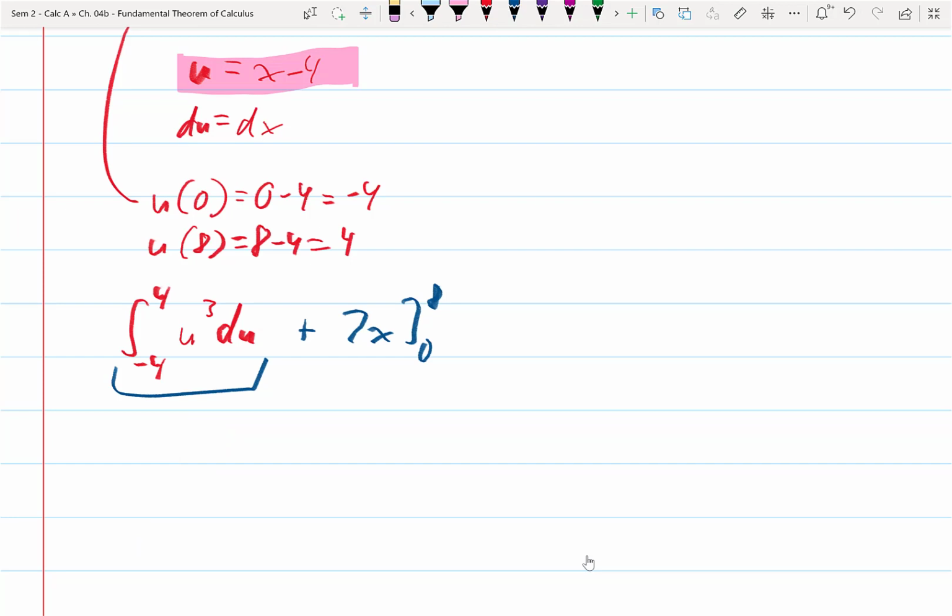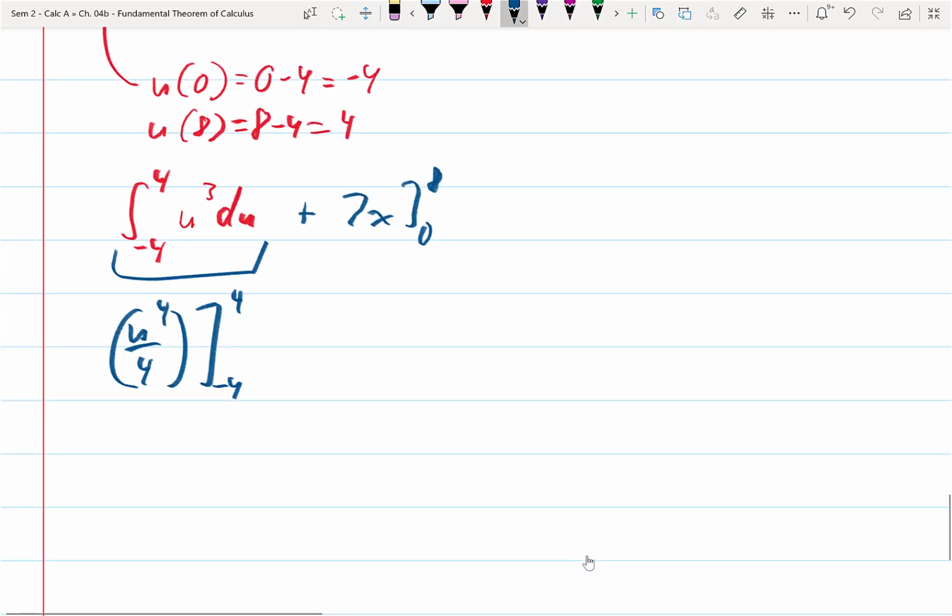Let's prove it. U to the 4th over 4 evaluated from -4 to 4. 4 to the 4th is the same as 2 squared to the 4th, or 2 to the 8th, which is 256. Or let's just pull out the 1/4 and just do 256 minus 256.